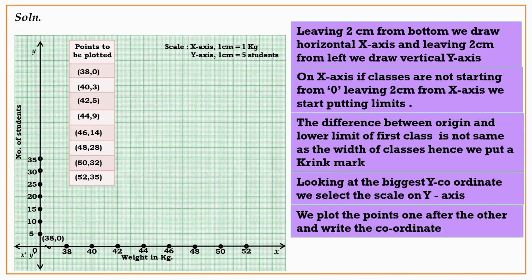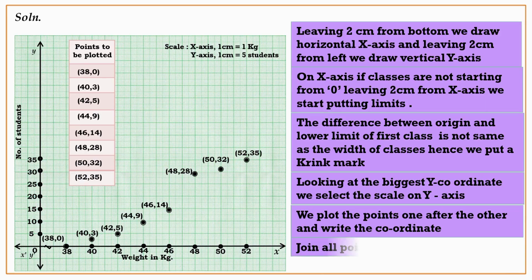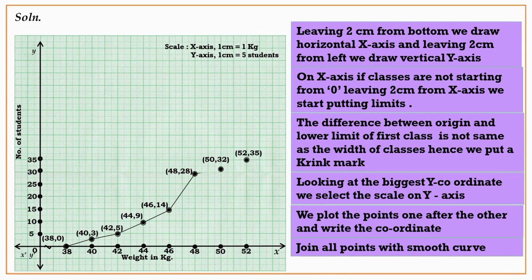So we'll plot all the points on the y-axis. Now we plot the points that are given one after another and write the coordinates. The next task is to join all the points with a smooth curve. Okay, so here we got the Ogive curve.